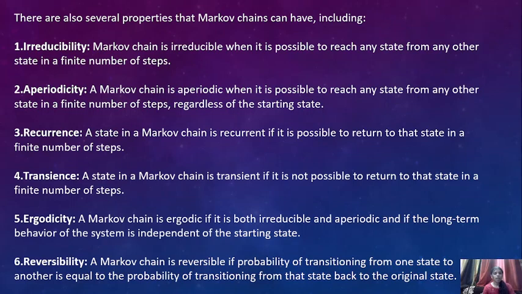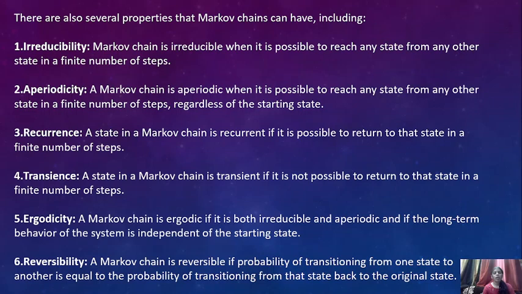Recurrence. A state in Markov chain is recurrent if it is possible to return to that state in a finite number of steps. Transience. A state in Markov chain is transient if it's not possible to return to that state in a finite number of steps.